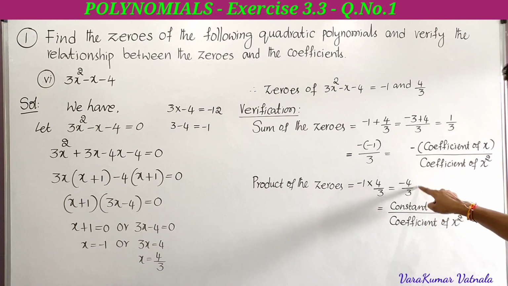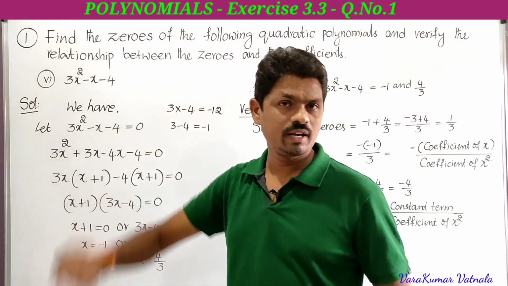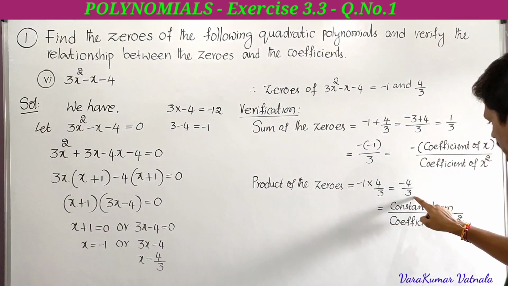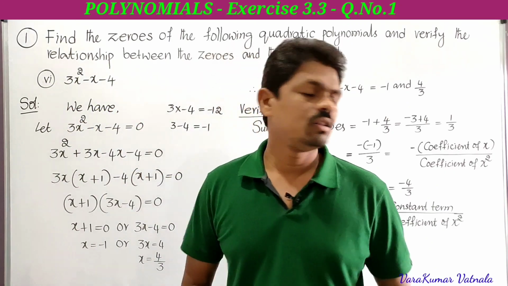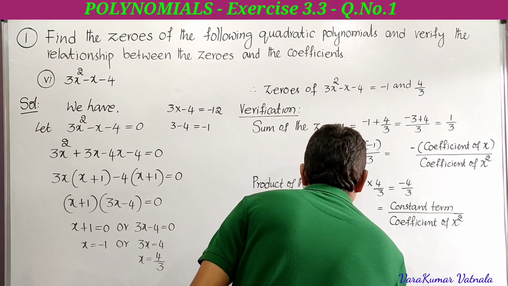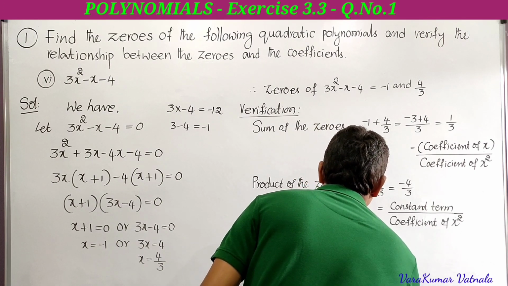Here the constant term is minus 4. Yes, verified, here the constant term is minus 4. The coefficient of x square is 3. Yes, verified, here the coefficient of x square is 3. Therefore verified the relationship between the coefficients and the zeros.